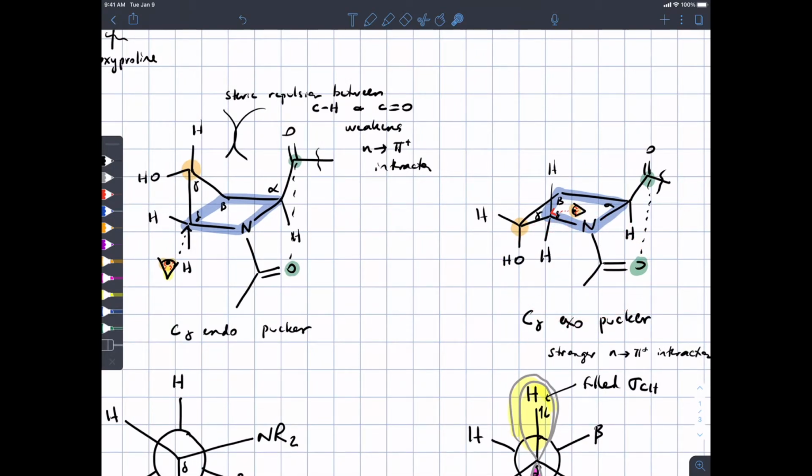Can you think of something you could do using the principle of steric repulsion, installing a group somewhere to make the exopucker even more favorable? Looking at something, some kind of repulsion that might be present over here that wouldn't be present there.